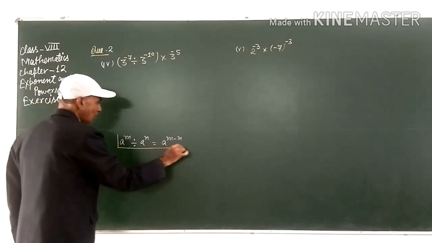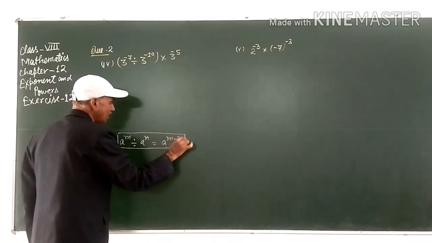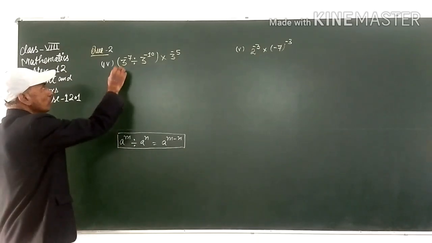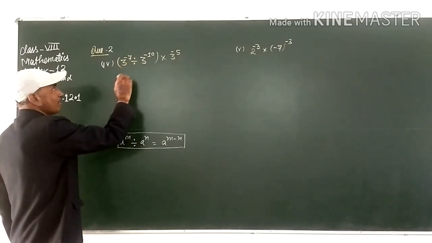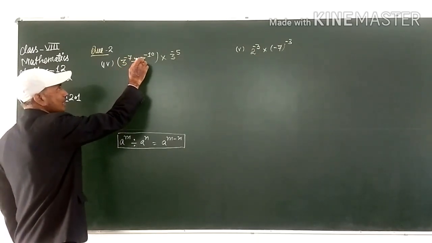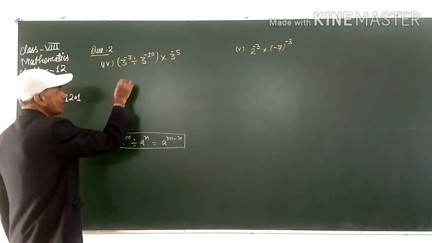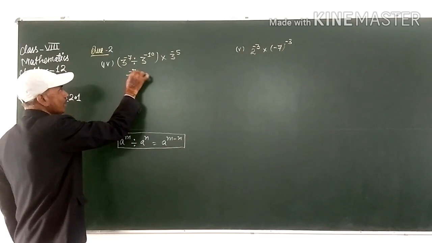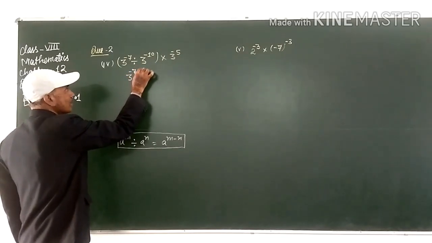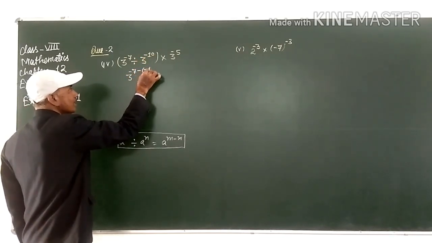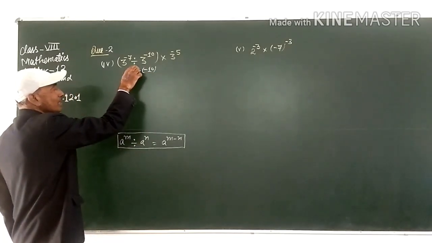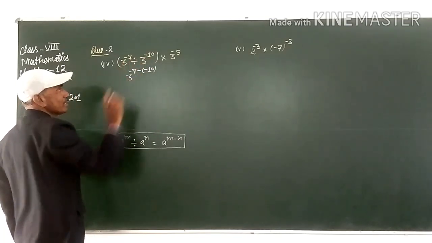This is the rule students, and we will use this rule in solving this question first. So, 3 to the power minus 7 divided by 3 raised to the power minus 10, it means 3 raised to the power minus 7 minus this one minus 10. Students, if there is a sign of division, then the powers will be subtracted.